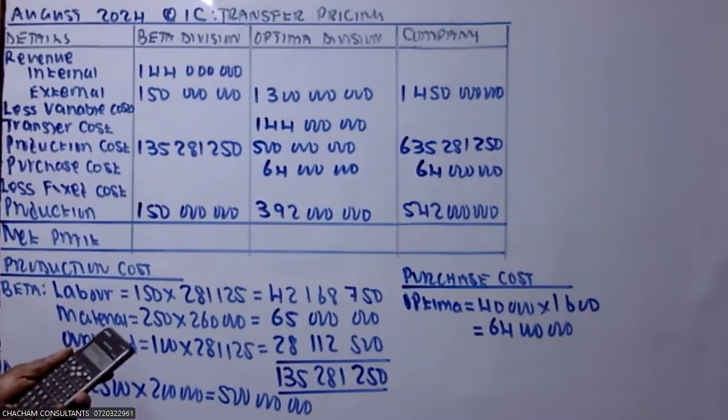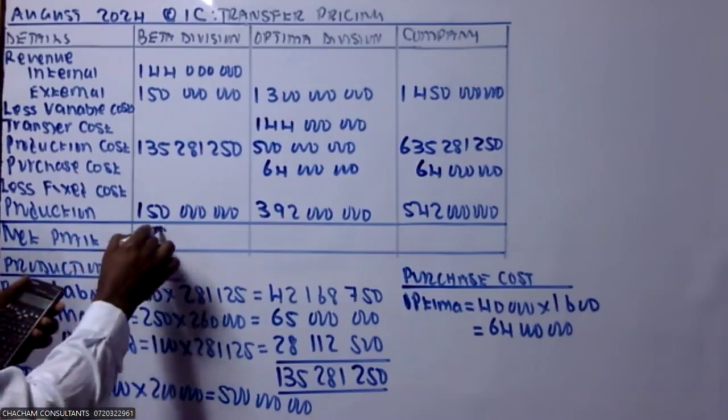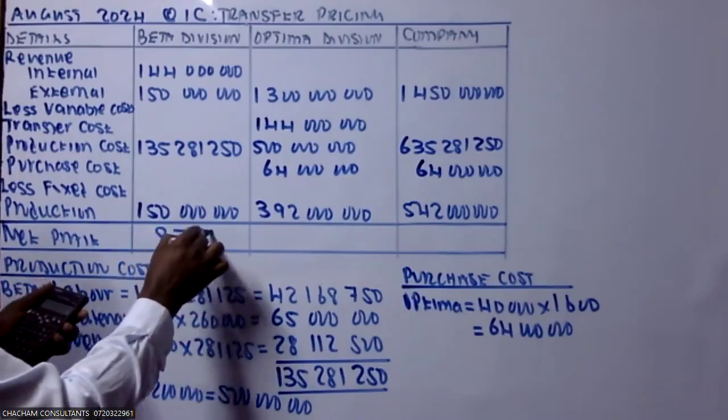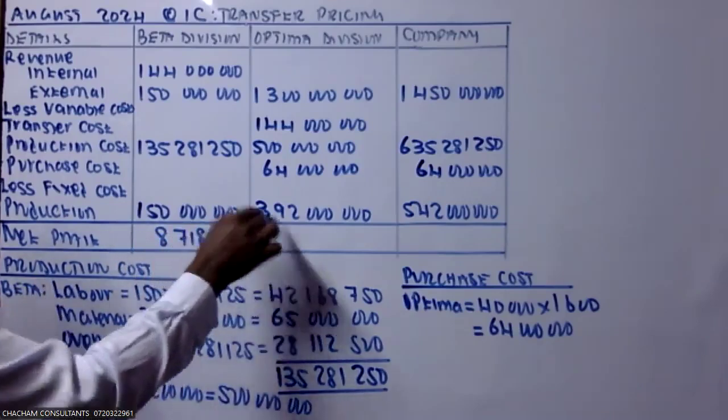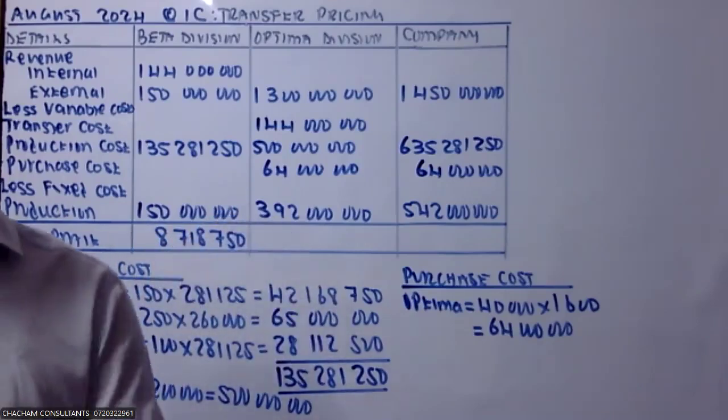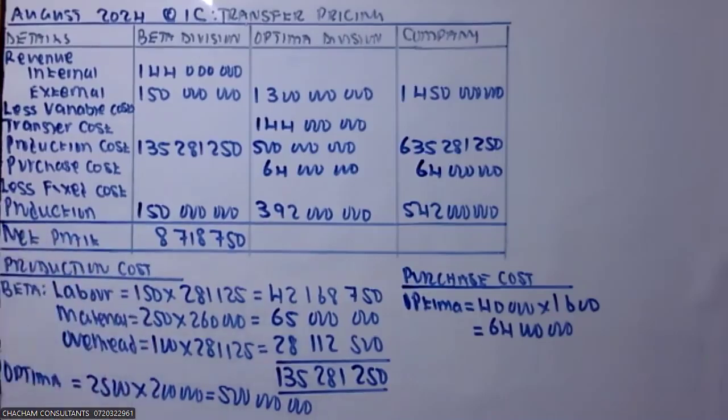You minus the 150 million. So you get a profit of 8 million, 718,750. So get the same for Optima and the company.